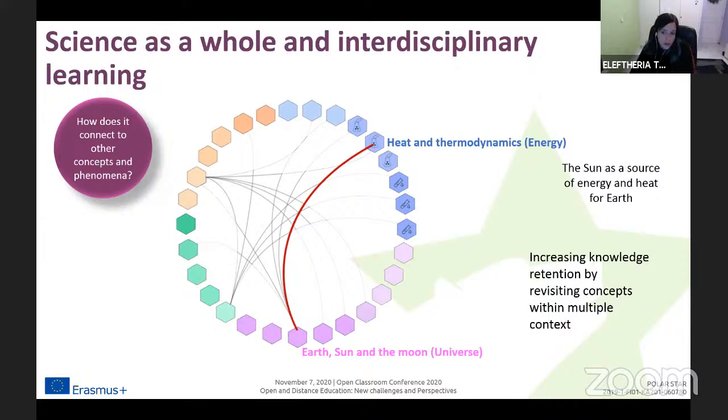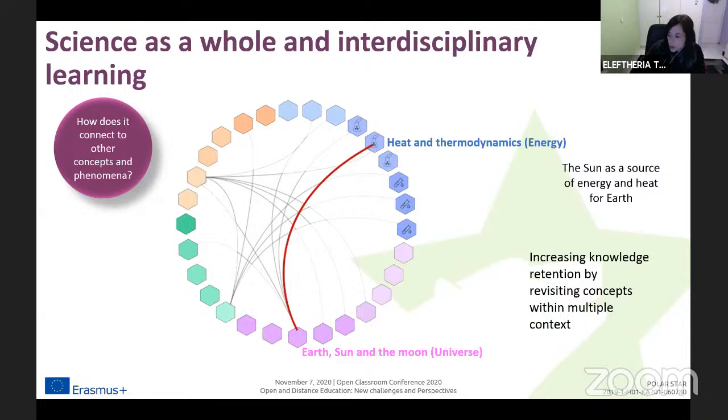If you make a connection there and you revisit and talk about the sun again and how the sun is the source of energy and of heat for Earth, then you're revisiting that concept and you're talking not just about the motion and the place of the sun in the universe related to the Earth, but also what the sun means to us as a source of life. So we're trying to make all these connections so we're able to see the same concept within different contexts.